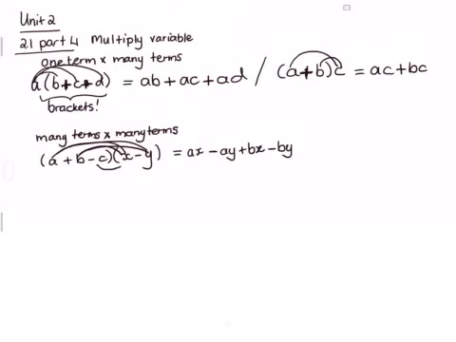Go back to your C, now I've got minus C times X, so it's minus CX. Last one, negative C times negative Y becomes positive CY. So you start from the left and each one must be multiplied by each one.